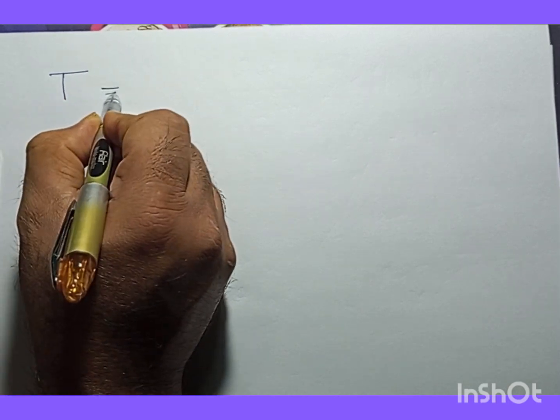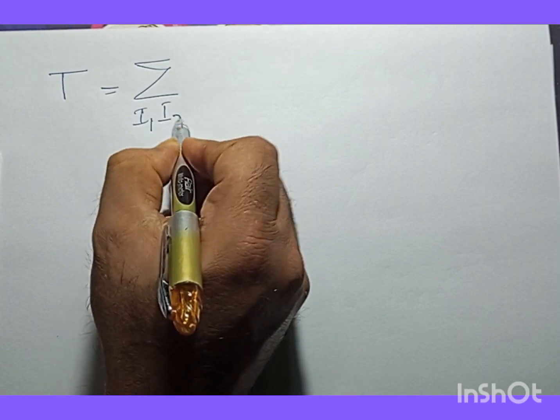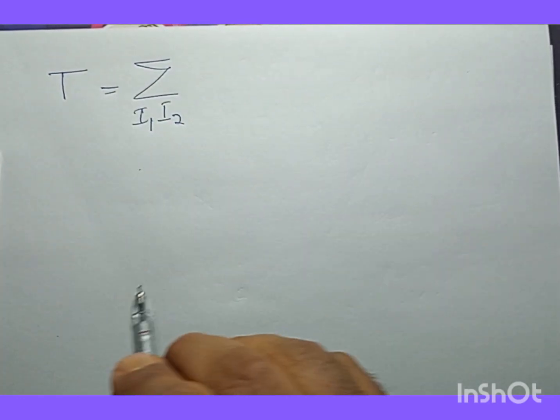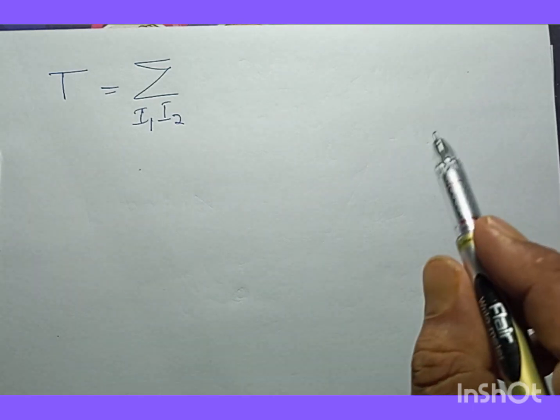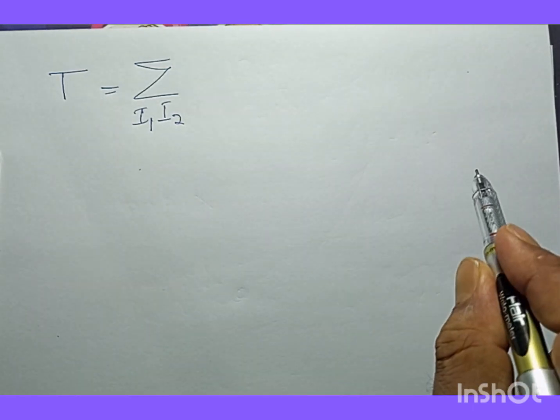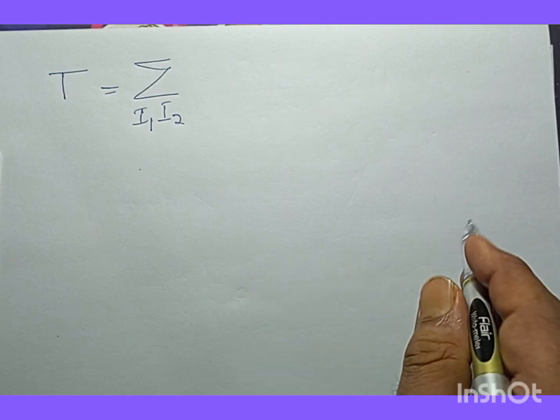And what will that be? This T can be written as a sum over I1 and I2, which are the intermediate states. So we have incident radiation interacting, then some intermediate states occurring, and then there is the emission of the photon.